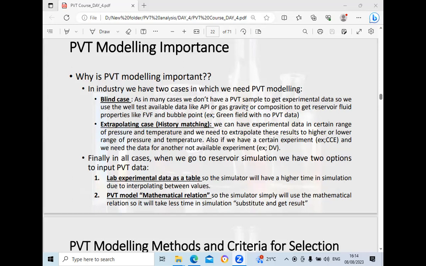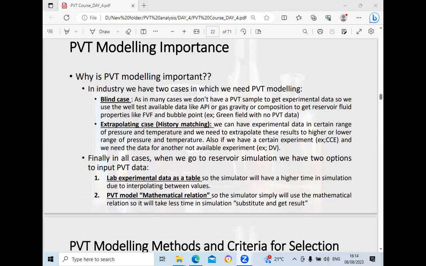You don't have all the properties, or there is no means for you to determine all of them, but you have determined a few of them: gas gravity, oil gravity and oil density. So you can use these now to determine the reservoir property. That's why they are talking of a blind case, a case where you have no experimental data.